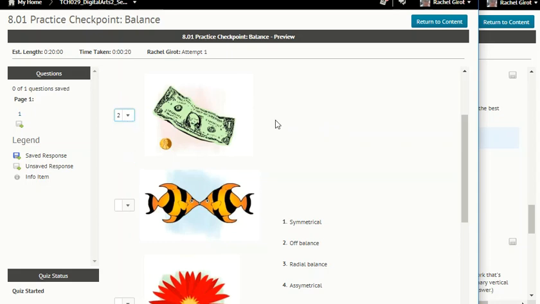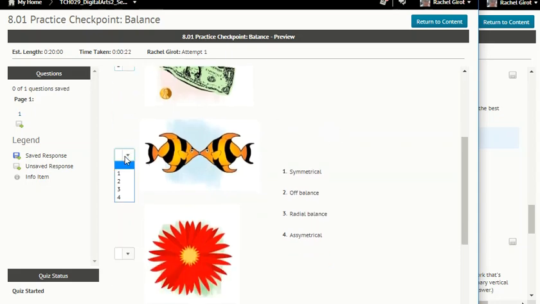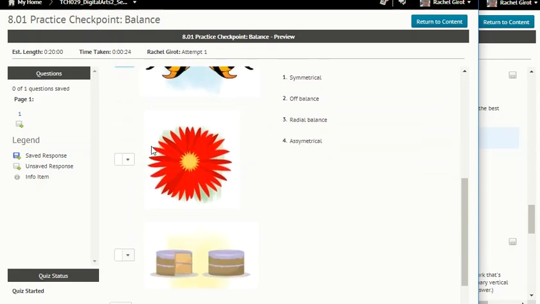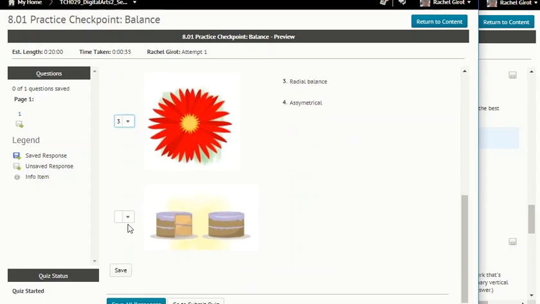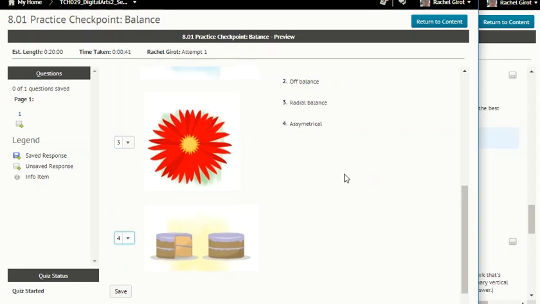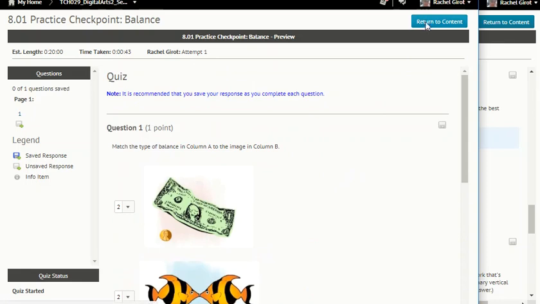I'm going to go with off balance on that one. Number 2 looks symmetrical. Number 3 is radial balance based on circles, right? And number 4 is asymmetrical. I don't know if I got that right or not, but hopefully I did.